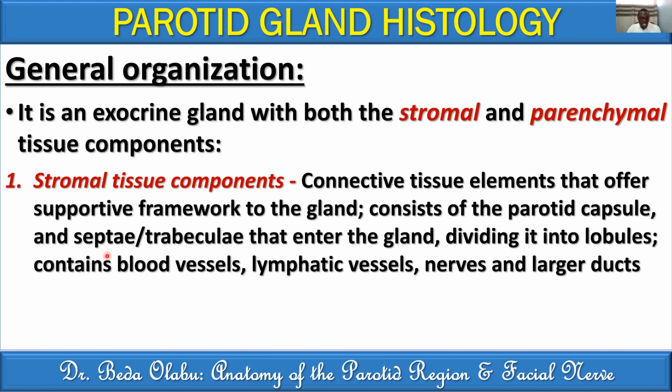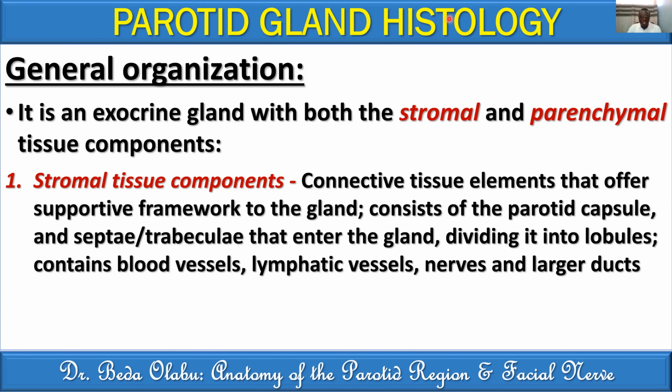So we have some connective tissue that extends from the capsule into the gland, dividing the gland into lobules. Those are still part of the stromal tissue. In particular, the stromal tissue houses a number of structures.